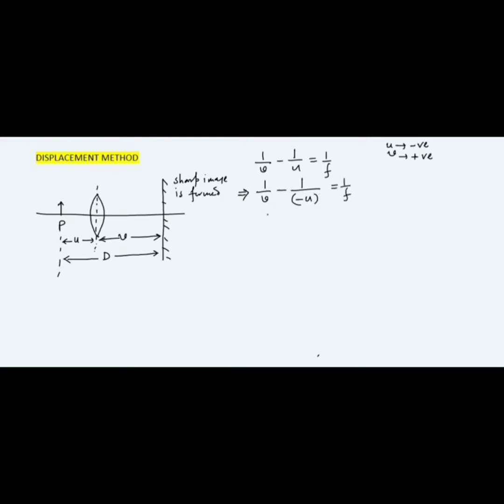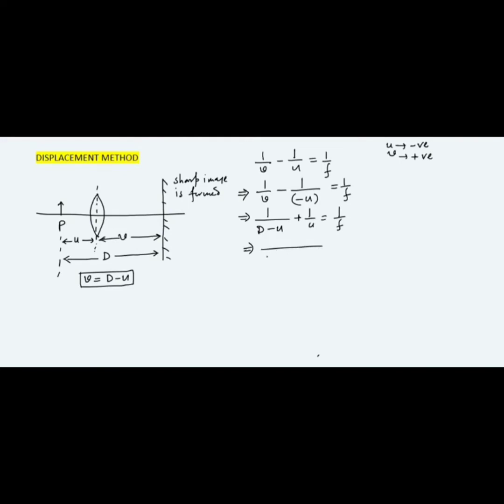Here we can write that u plus v makes D. So v can be written as D minus u. Then replace the value of v in this equation, and it gives us 1 by (D minus u) plus 1 by u is equal to 1 by f. Let us add here.